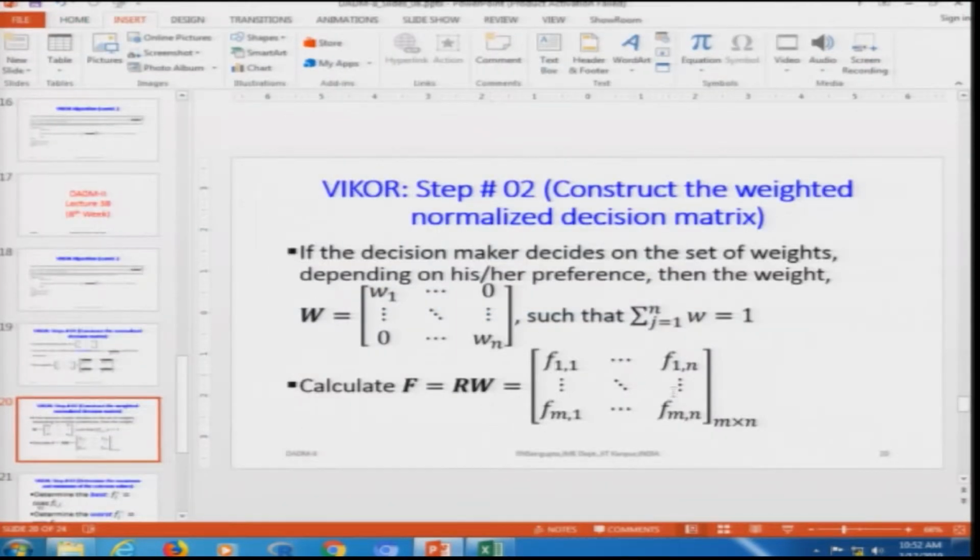Now, we have found out F11 till F1n, which is the overall normalized weighted criteria for the first alternative. Similarly, F1n would basically be the weighted normalized priority for the nth criteria for the first alternative.